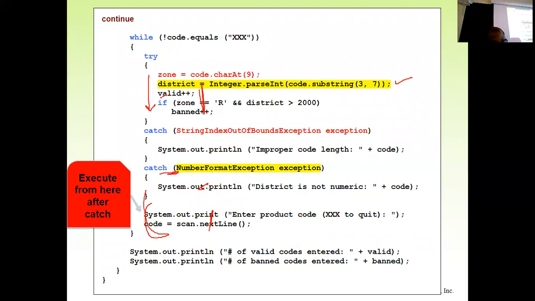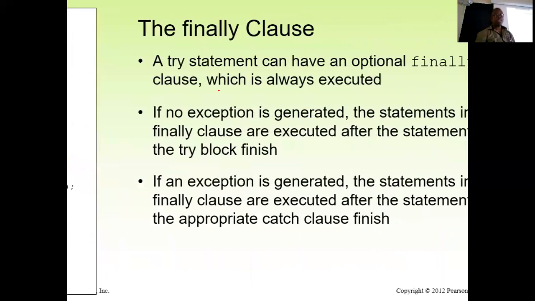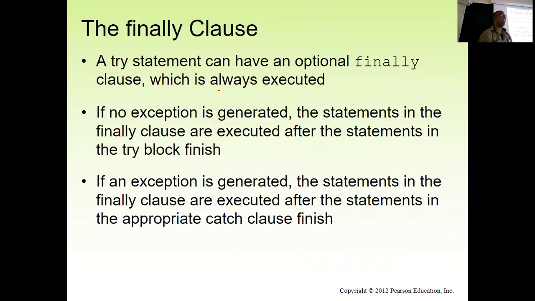So guess what? You would lose these things. So you have to be aware that that is what is going to happen. Everybody with me? That's how an exception modifies the control flow of your program, or the sequence of operations.